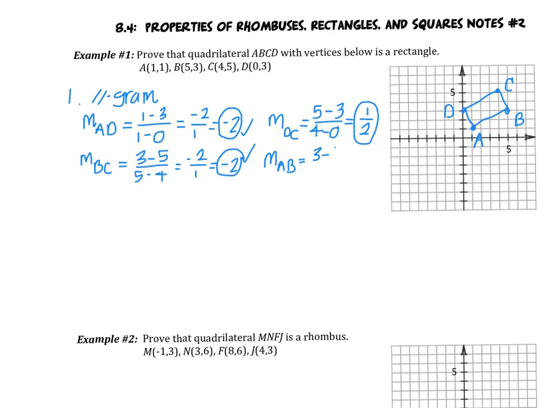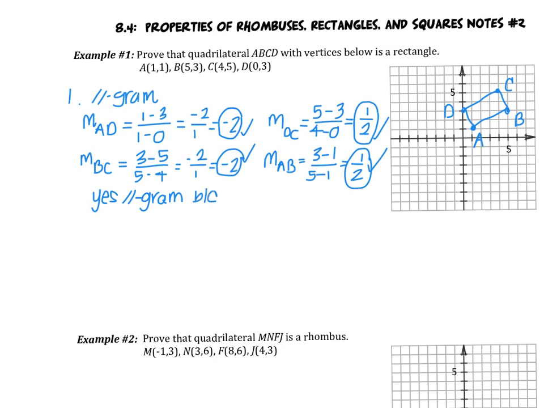That would be 3 minus 1 over 5 minus 1. So that is 2 over 4, again, 1/2. So check, check, I now have a parallelogram. Really important, put this statement. Yes, parallelogram.